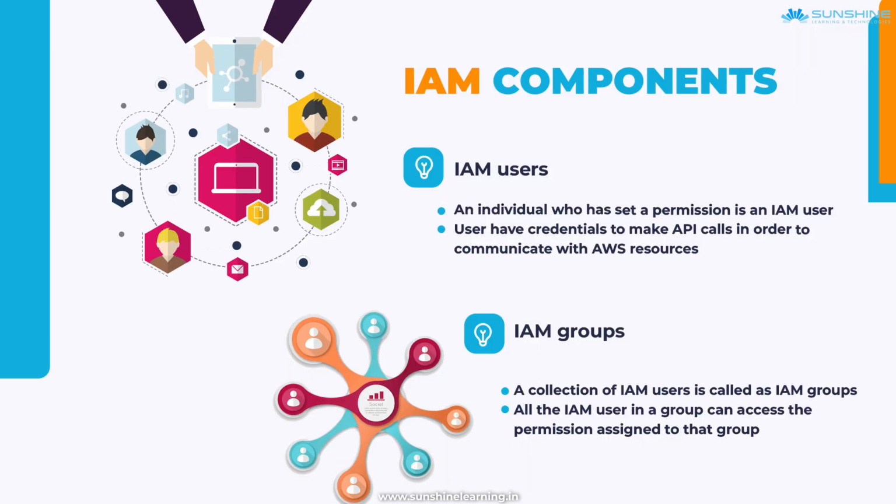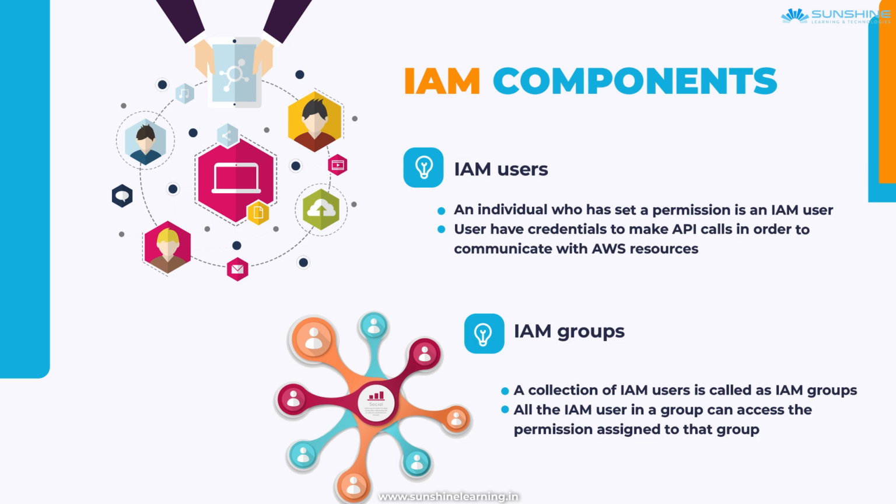What are the main components of IAM? Let's look into the details. The IAM users. An IAM user is an individual who has a set of permissions. For example, if I create your user credentials on my AWS account, you become an IAM user. You're going to log in to my AWS account using your user credentials.